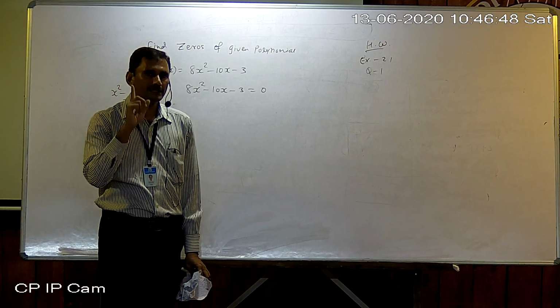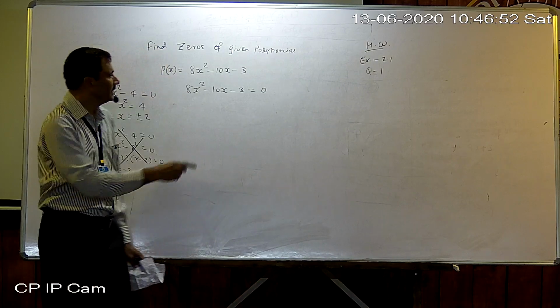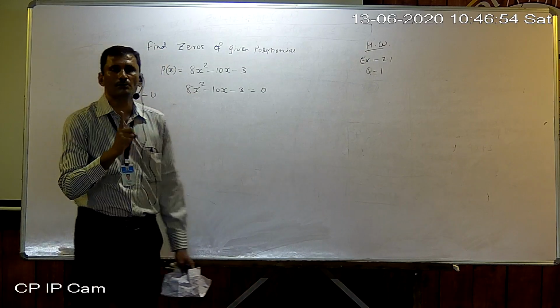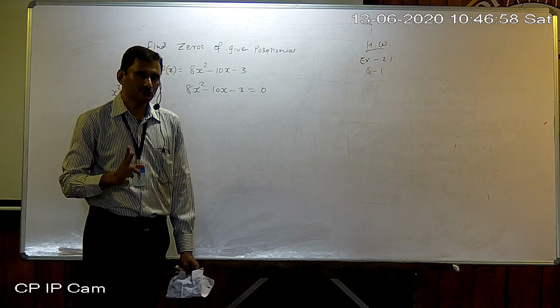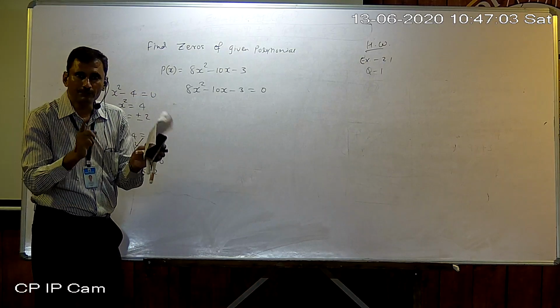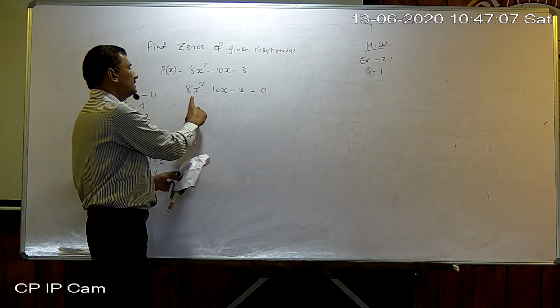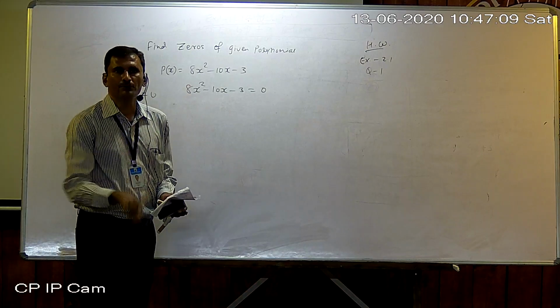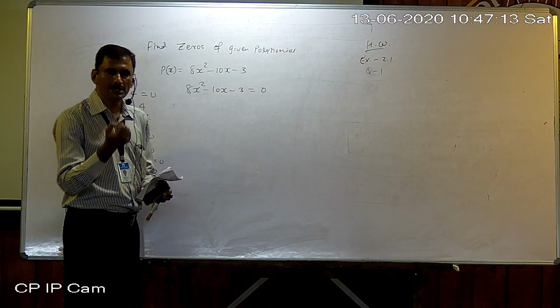One is the Pythagoras theorem, you know very well, and the second one is factorization of a quadratic polynomial. I personally say many times to students that in mathematics the most frequent and most important two things are the Pythagoras theorem and factorization of a quadratic trinomial. Very, very important.